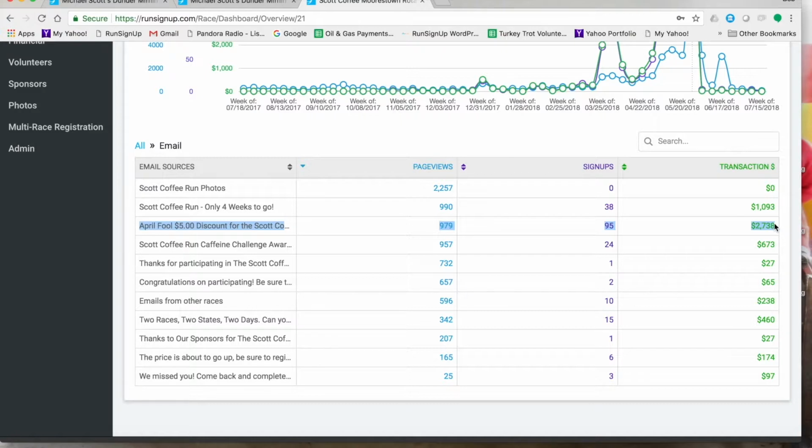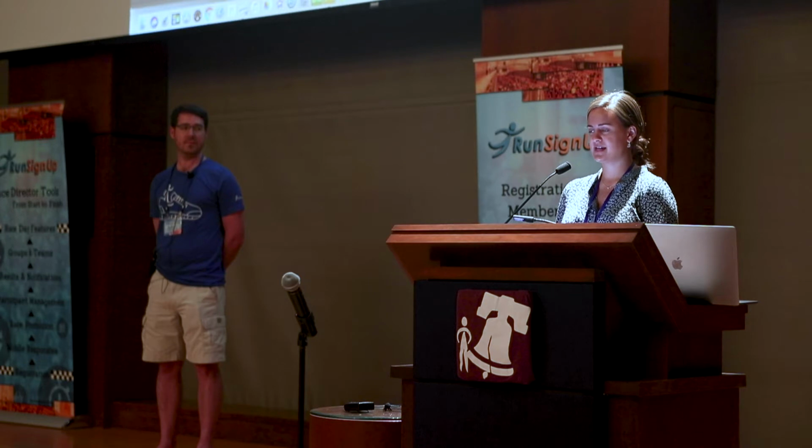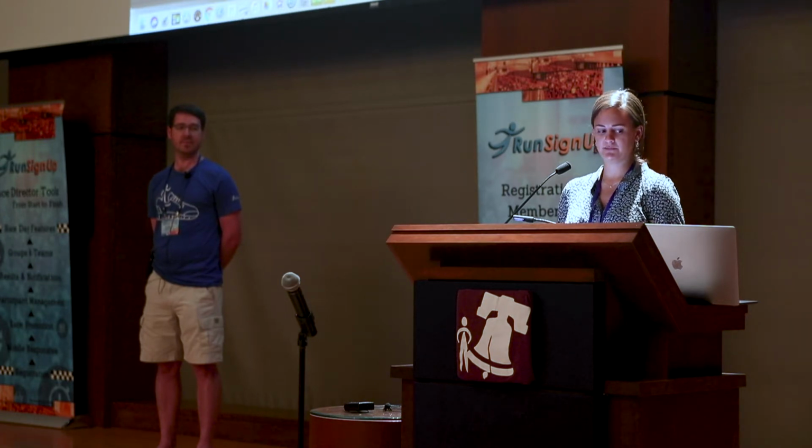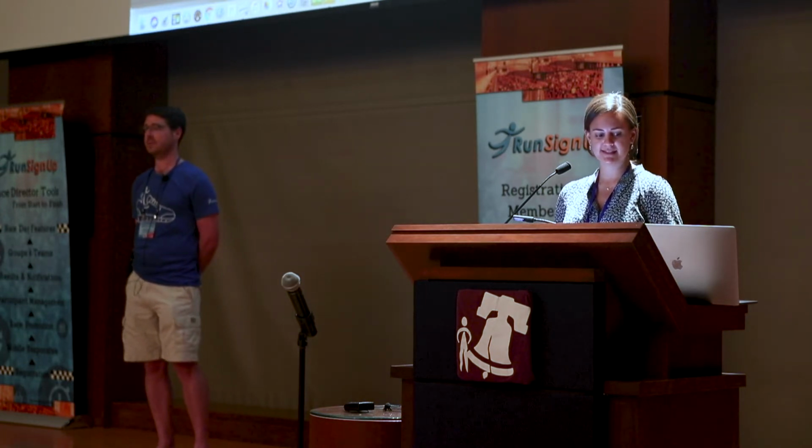So creating that kind of call to action, like here's a special discount for you, and keeping it limited so that people feel a sense of urgency to act on signing up, it does have big returns. You can see that that day that he sent it out, that email resulted in 95 registrations. So there's a lot of power from these emails, and I think it's really cool to be able to look at these types of statistics.